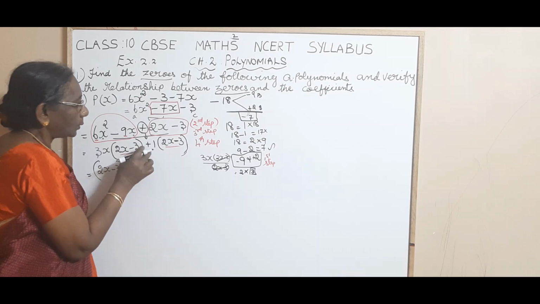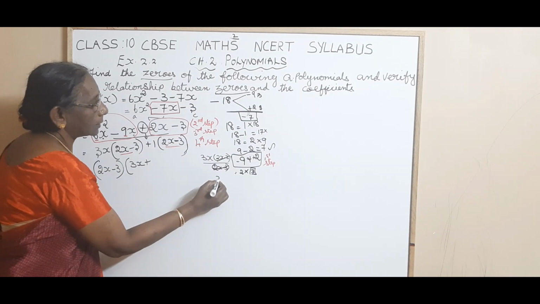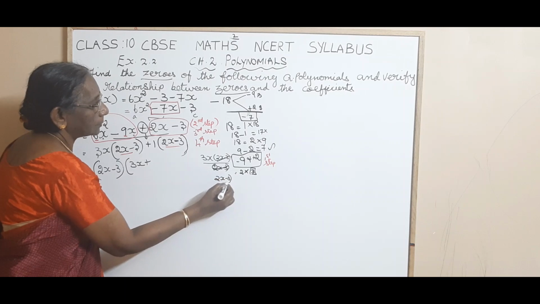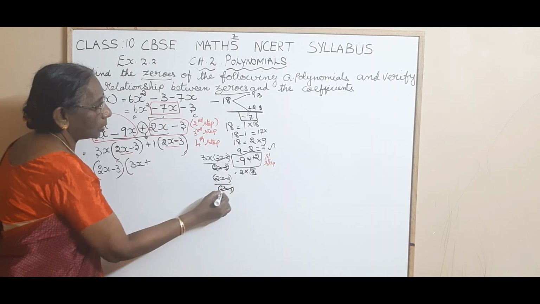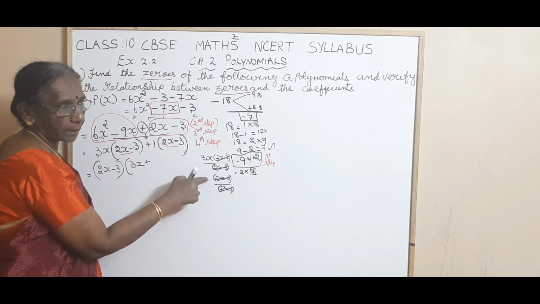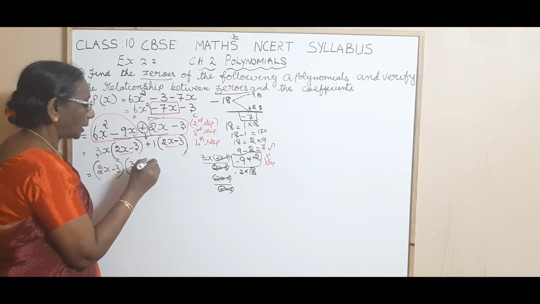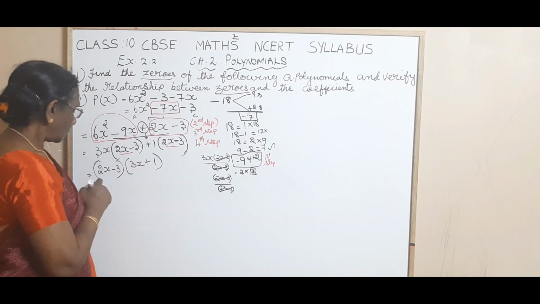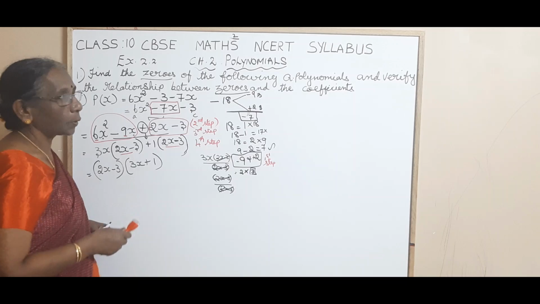Now whatever symbol you have, write plus. And now here only 2x minus 3. So you are taking that 2x minus 3. So to find the other factor, you have to divide. So what is left? Only 1 is left. So now this is the last step, the required step.